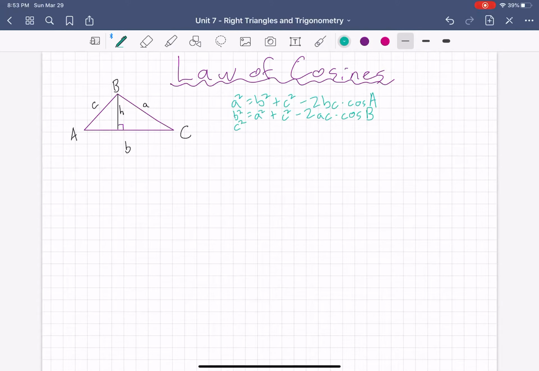Hopefully you do. So let's write that third form. We're going to have c squared equals the squares of the other two sides, so in this case a squared plus b squared, minus 2 multiplied by the product of those other two sides, AB, times the cosine of the opposite angle, C. All three of these are the same formula.